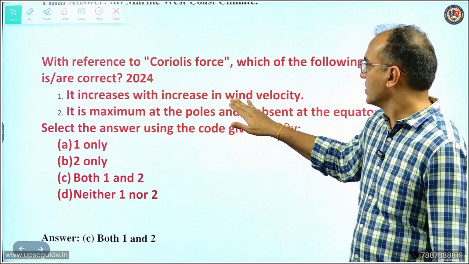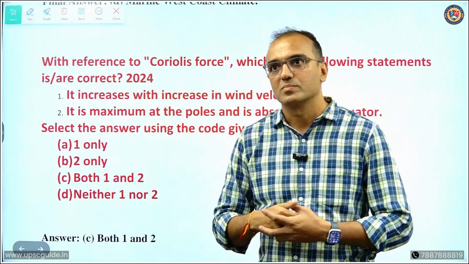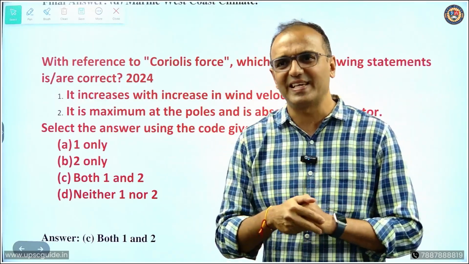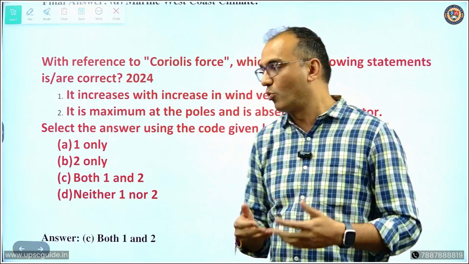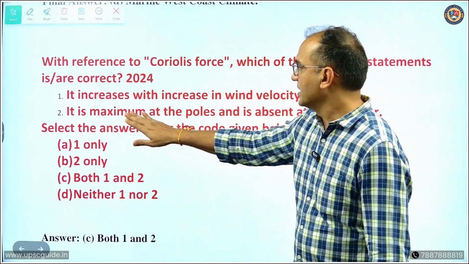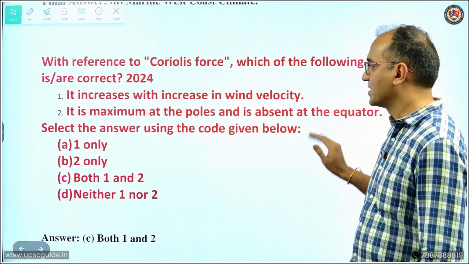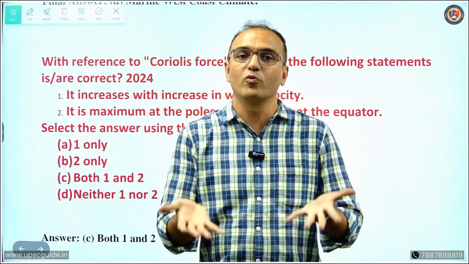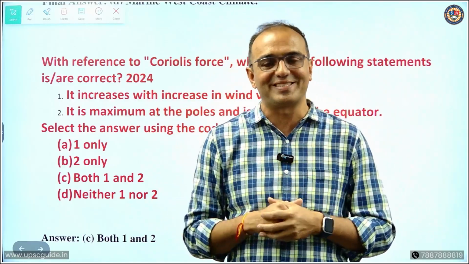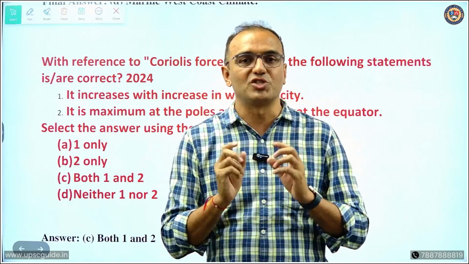It increases with increasing wind velocity. Yeah, we can say that if wind velocity is high, the impact of Coriolis can be felt more, right? It is maximum at the poles and is absent at the equator. Absolutely correct. That's what I said, that at the equator, the wind is moving vertically upwards and it is a relatively flat surface. So Coriolis is generally absent.